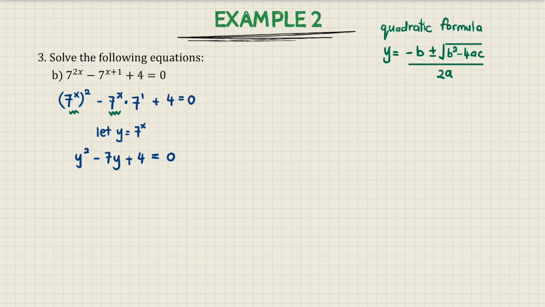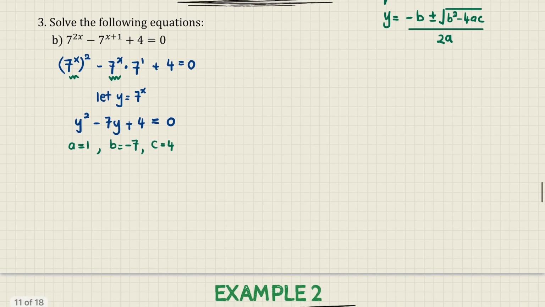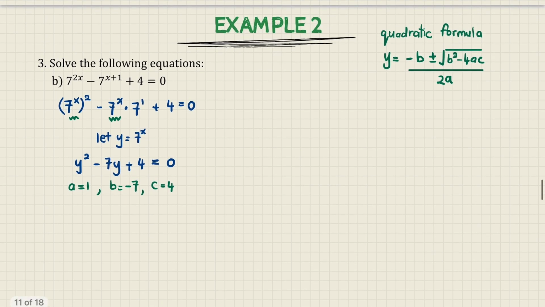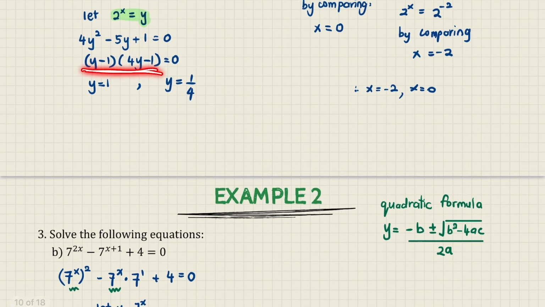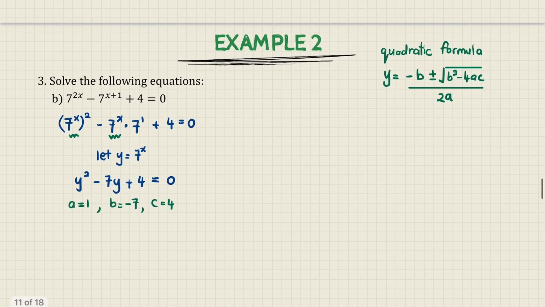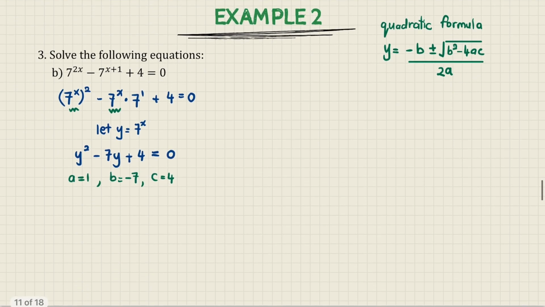Okay, so kat sini kita identify dahulu apakah value of A kita. A adalah 1, B adalah negative 7 dan C adalah 4. Okay, so saya ada A, B dan C. Kemudian gantikan A, B dan C ini dalam this quadratic formula. Okay, so bila jawapan kita adalah decimal, tak boleh tulis dalam bentuk factorization seperti ini. Okay, kita kena tunjukkan quadratic formula lah instead of factorization.